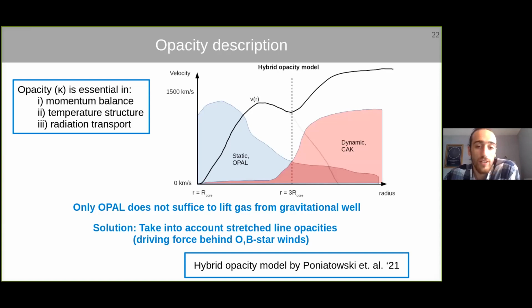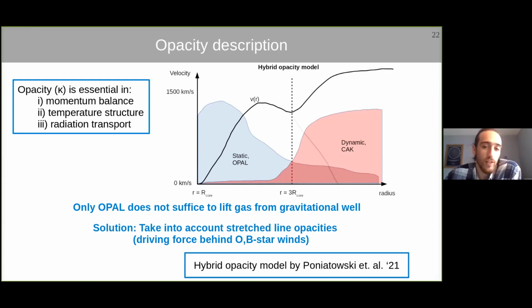And this is delivered to us by using line opacities. Line opacities are also the driving force behind O star winds and B star winds, and they are typically described there by this CAK type of formalism. What line force opacities mean is that you take into account the Doppler shifting of the line.